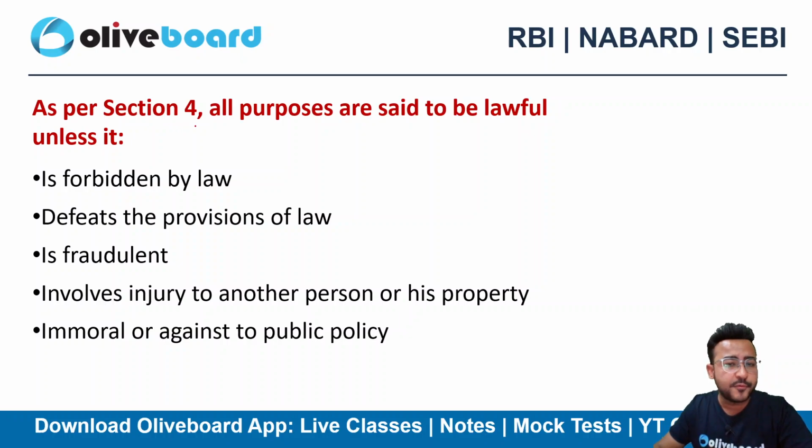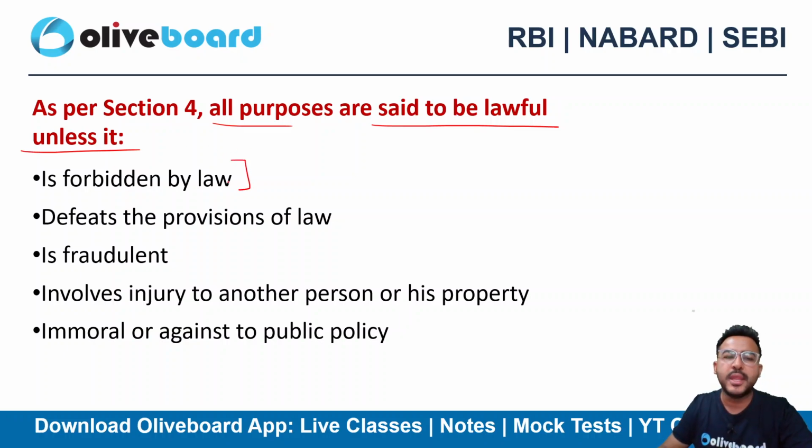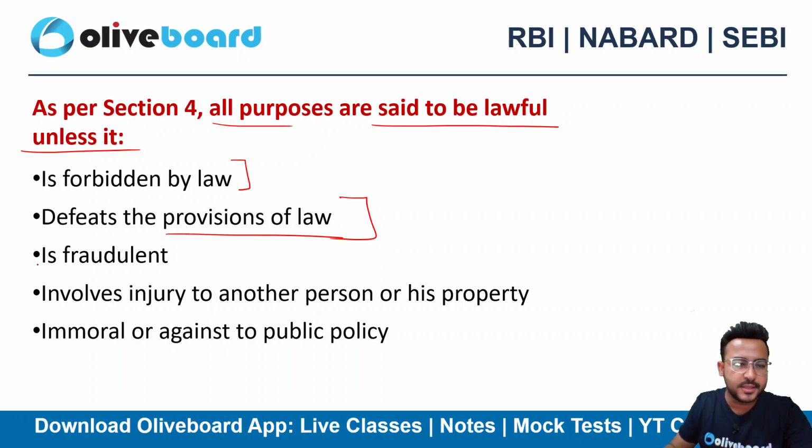Now, as per Section 4, all purposes are said to be lawful unless forbidden by law. Law ne hi mana kar rakha ho, it defeats the provision of the law, it's defeating any purpose of law which has already been there. Fraudulent hai, fraud karne ke liye banaya gaya hai. It involves injury to another person or his property.